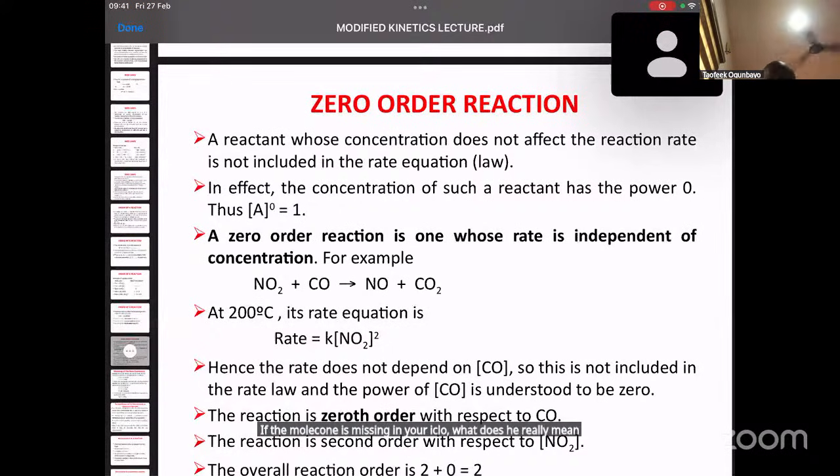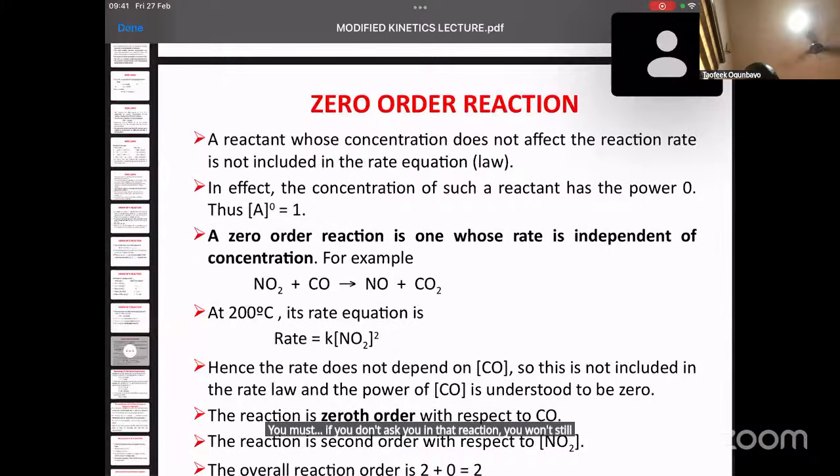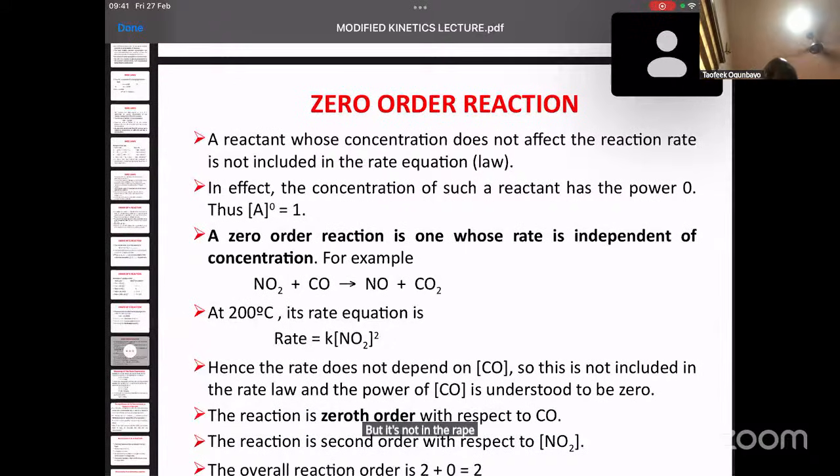What does it say about that molecule? Because it doesn't mean you can have this reaction without CO. If you don't have CO in that reaction, you won't still have the reaction. CO must be present in that reaction to have that reaction take place. But it's not in the rate law. What does it mean when a molecule is missing in the rate law?